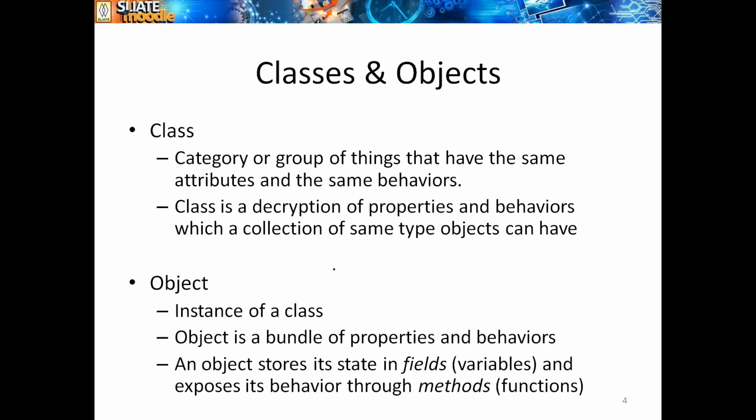Class and object. We can now discuss what a class is and what an object is. A class is a category or group of things that have the same attributes and the same behaviors. A class is a description of the properties and behaviors which a collection of same-type objects can have.